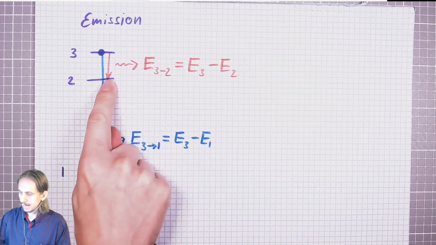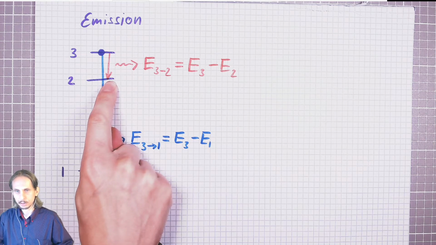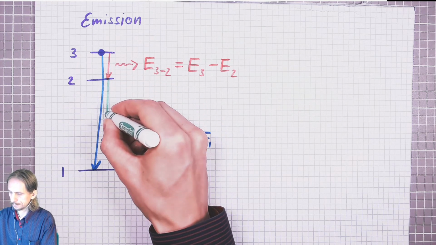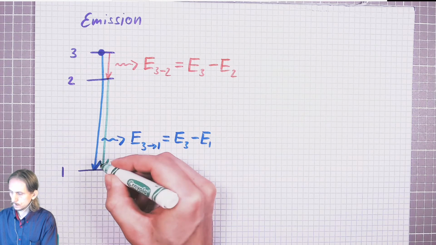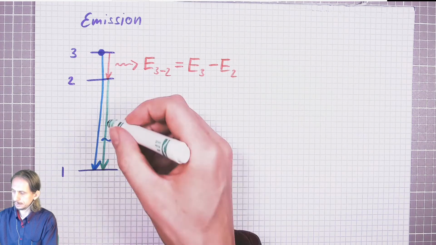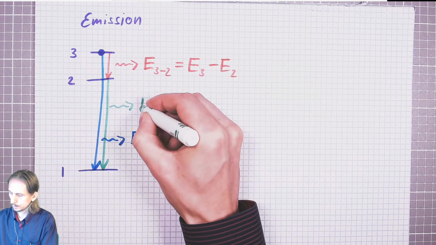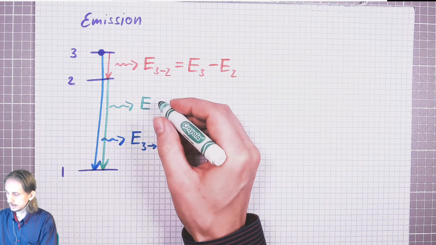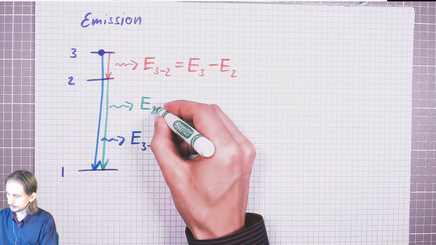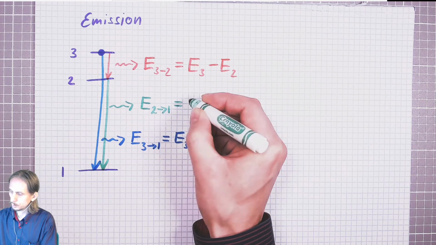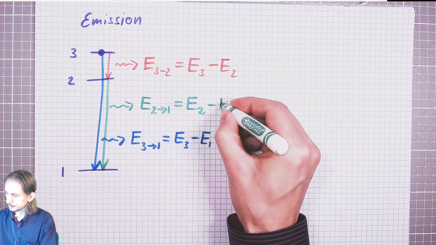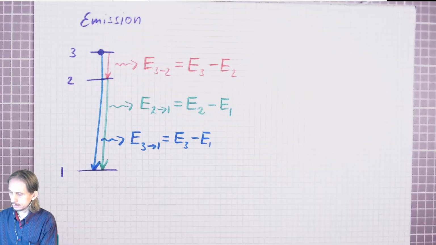However, now that our electron is sitting at level number 2, it's not done. It could, in principle, also decay to the level that we have labeled number 1. And so the energy of a photon that gets emitted in that process would be equal to the energy difference between the second level and the first level.